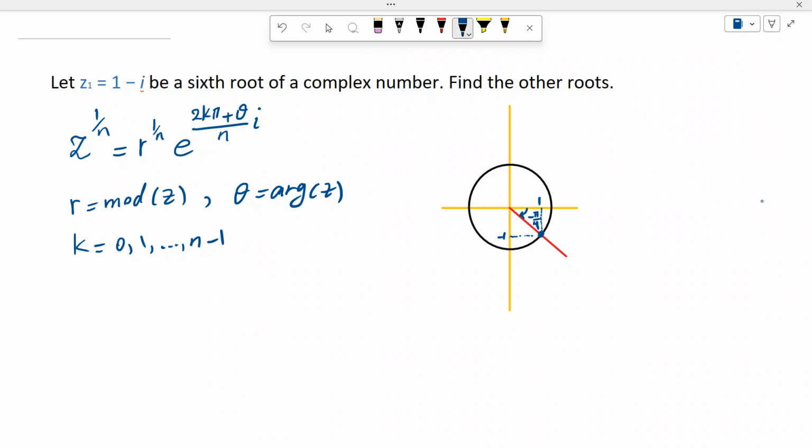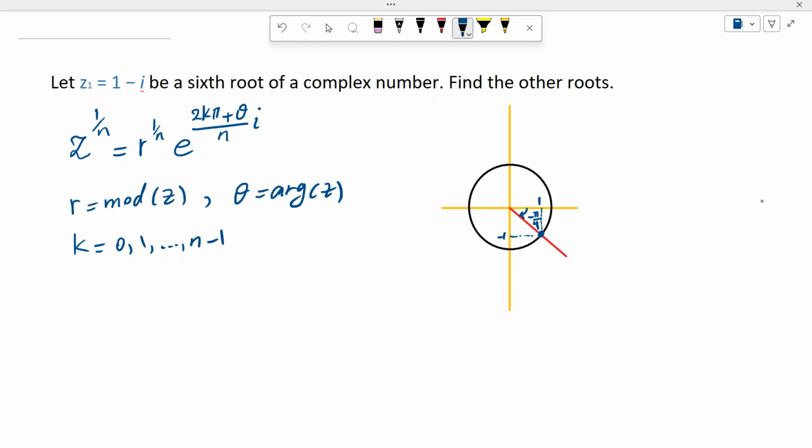Now, one of these nth roots is given. So let's see what's the relation between the modulo of the nth root and z itself. Here we can see that this is the modulo of the nth root.